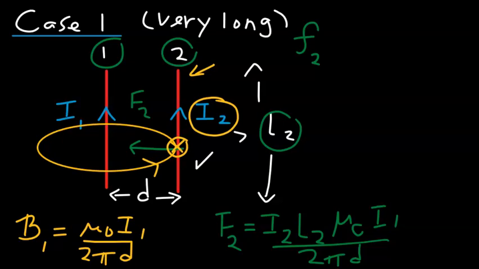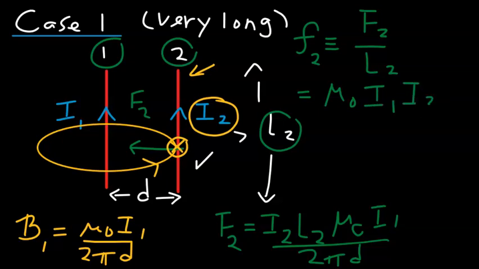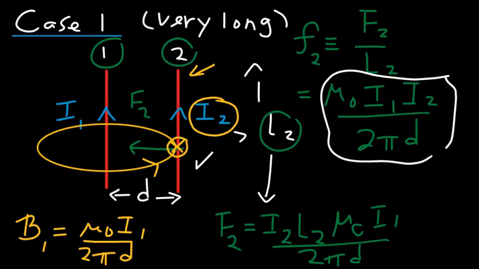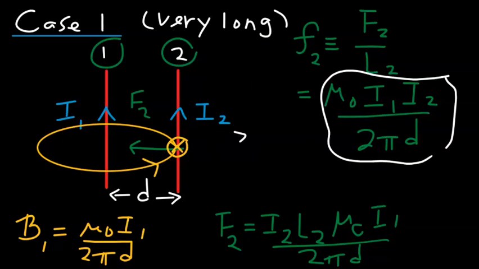So let's call that little f2, defined as capital F2 over the length L2. And that simply is going to be mu naught I1 I2 over 2 pi d. So this is the expression for magnetic force per unit length on conductor 2 due to conductor 1. We see in this case where the two currents are parallel to each other, conductor 2 is attracted to conductor 1, namely the force is going towards conductor 1.